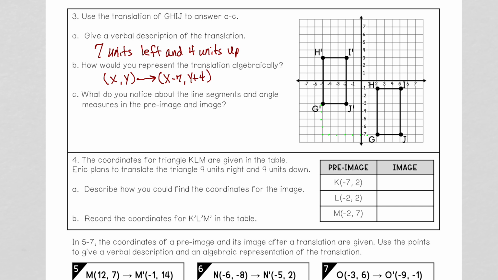So what do you notice about the line segments and angle measures in the pre-image and the image? The line segments and the angle measures in the pre-image and image are congruent. So we can just say they are congruent.